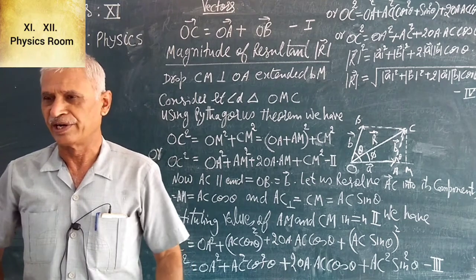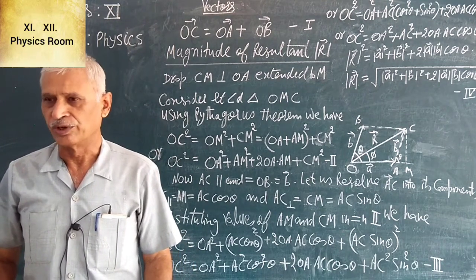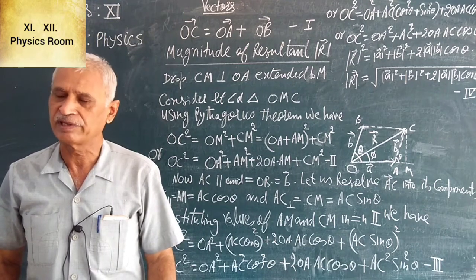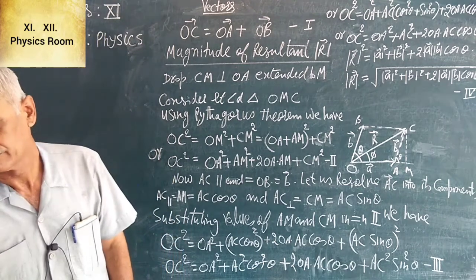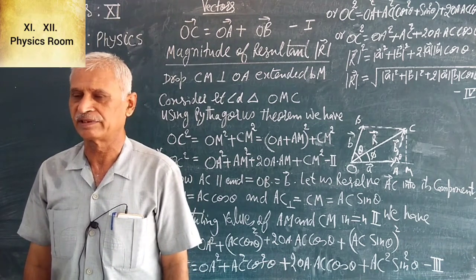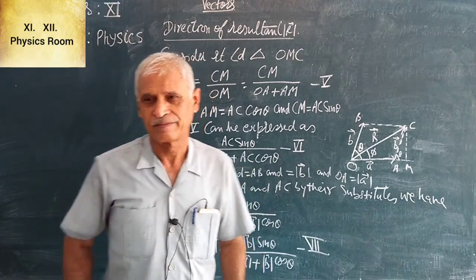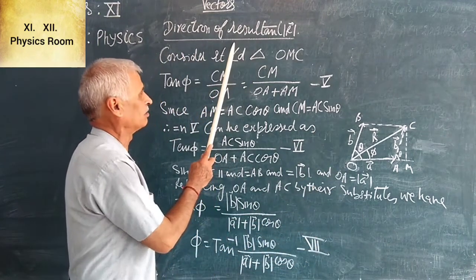Now after finding out the magnitude of resultant of addition of two vectors, we go to find the direction of resultant. So let us see how we find the direction of resultant.